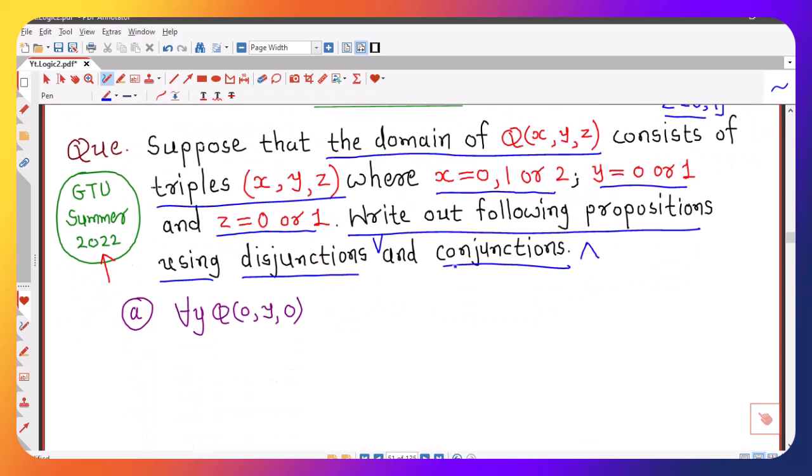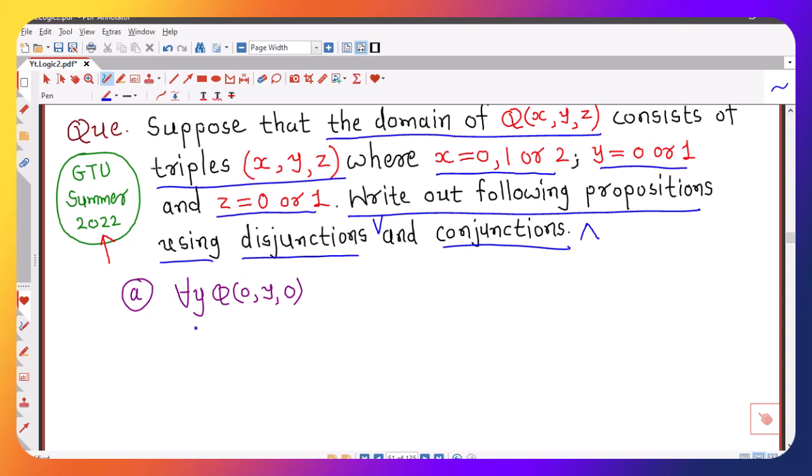Now we have to write down these propositions in another form using disjunctions and conjunctions. So what is given? For all y, we have q of 0, y, 0. So this is true for all possible values of y, and here the values of y given are 0 or 1 only. There are two possible values of y.